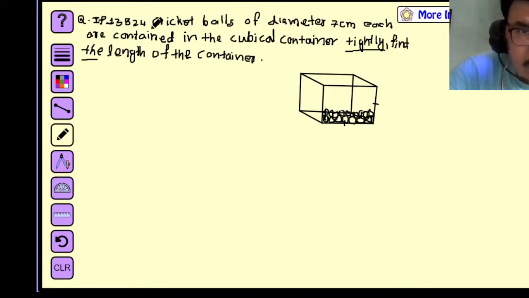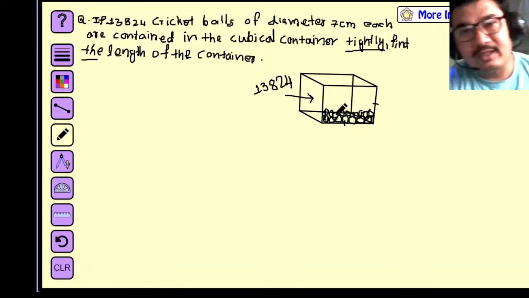Look, 13,824 inside this cubical container. These are the number of cricket balls kept here.